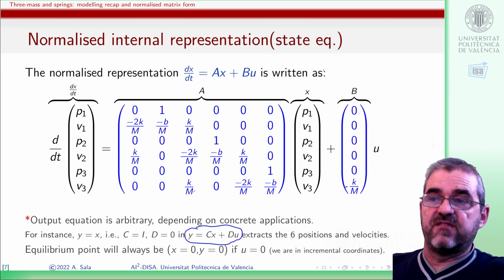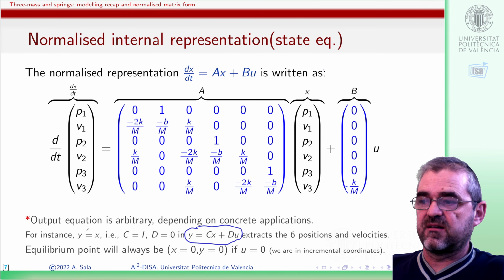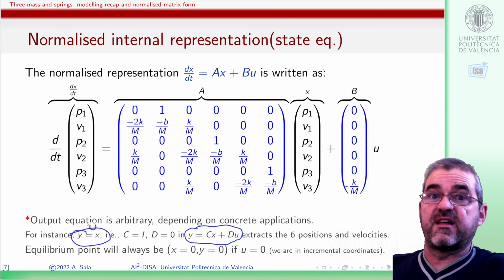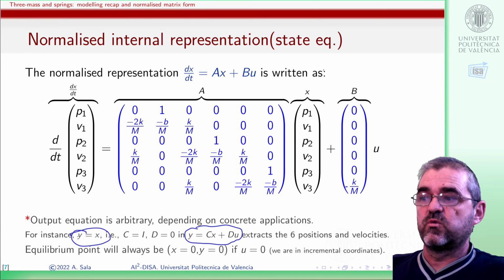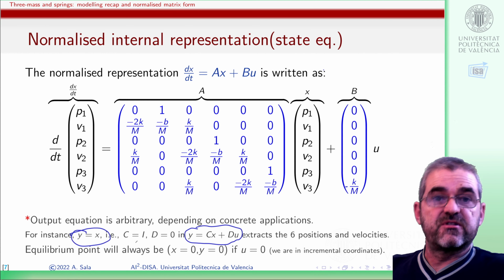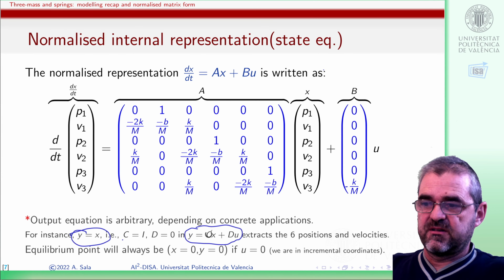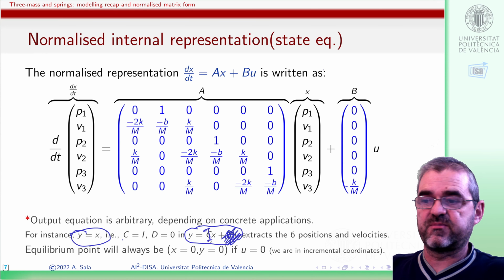So for instance, if I am interested in all the positions and speeds, then in my particular application, the whole state vector, 6 things here, will be my output. Then in that case, I would type somewhere in MATLAB C as the identity matrix and D as 0, so that this will disappear and I will get this equation.